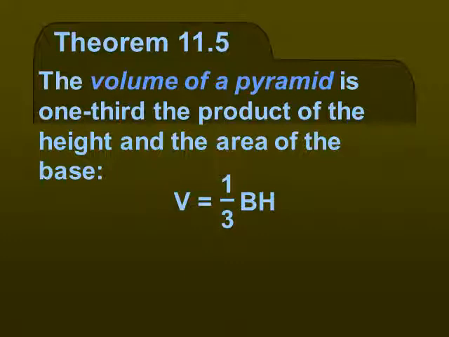So the volume of a pyramid is a third of the product of the height and the area of the base. Our first steps in finding the volume of a pyramid are going to be the same as if we had a prism. We're going to find the area of the base first, multiply it times the height, and then either divide by 3 or multiply by a third. That is exactly the same step.